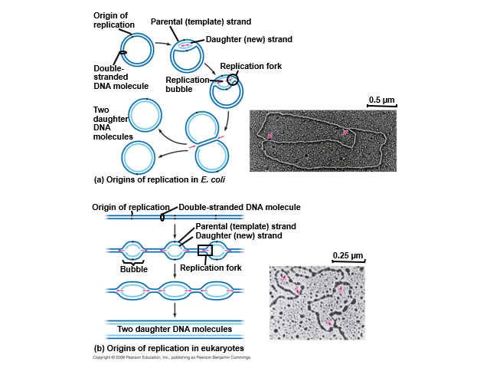What we have found when we study DNA replication in E. coli is that there is one single point where everything starts, and as that double helix is pulled apart, new DNA is laid down.